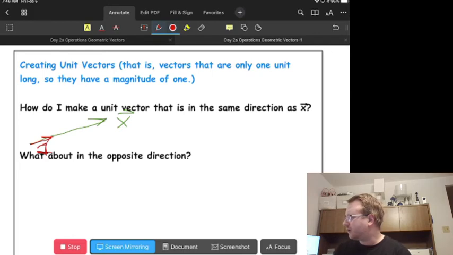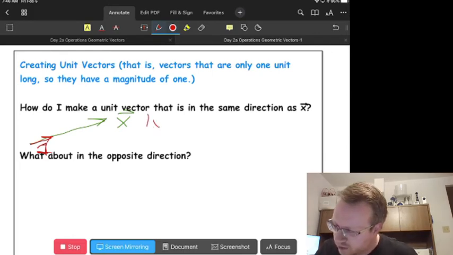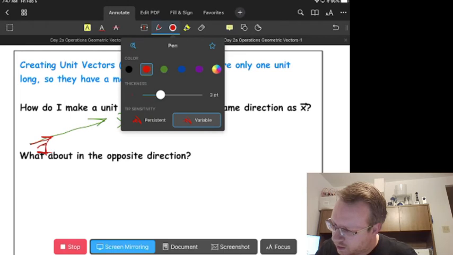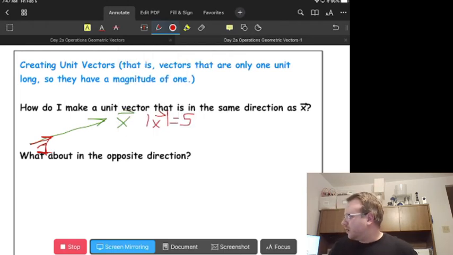So what do we know about the vector? Well, let's say our vector has a magnitude of 5. And I want the magnitude of my unit vector to be only 1.